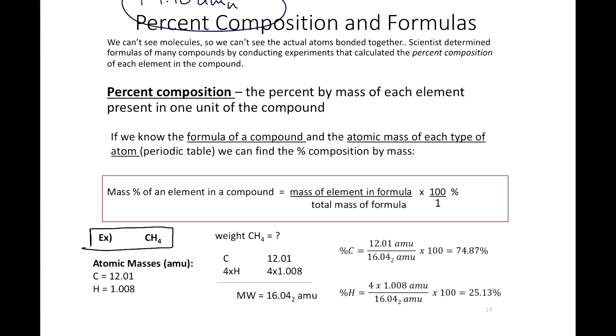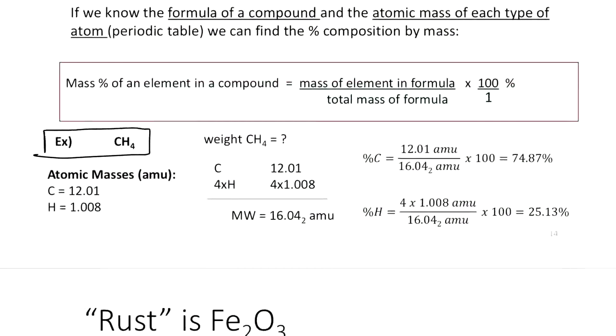So percent composition for a substance depends on what atoms are present in that chemical formula. We can calculate the percent mass of each of the elements present, all right, by dividing the mass of that element by the full mass of the molecule itself. So here's an example, methane, CH4.